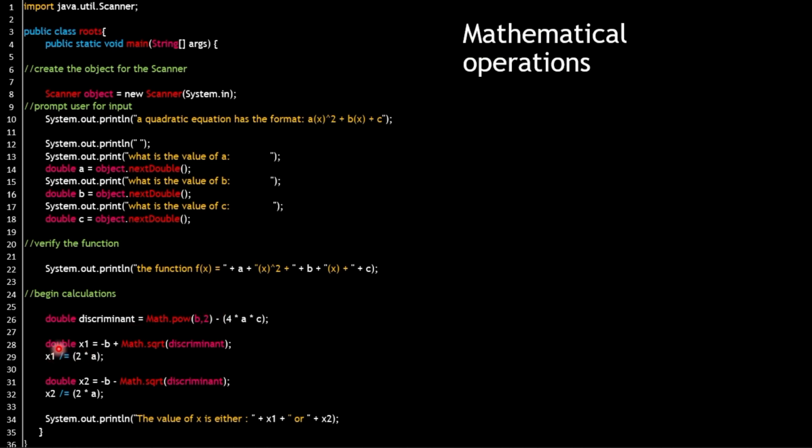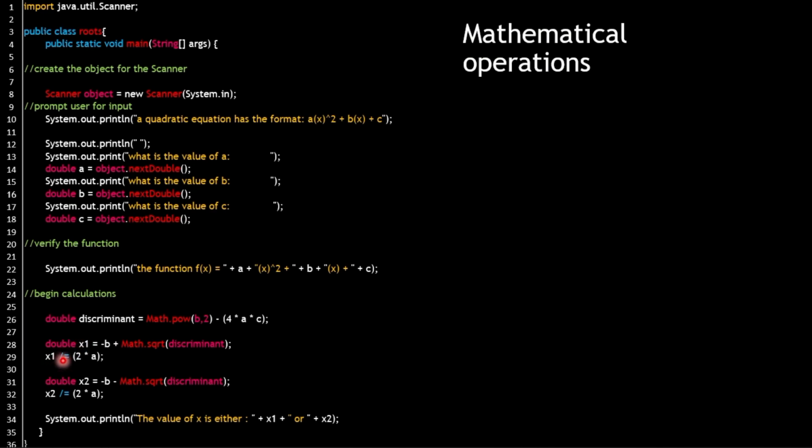And we say double x1 is equal to negative b plus Math.sqrt. In that square root, we put this discriminant value, the value that we get here. So the discriminant becomes every value that is within the square root, right? And then we use our augmented operators. We talked about them in the previous video.